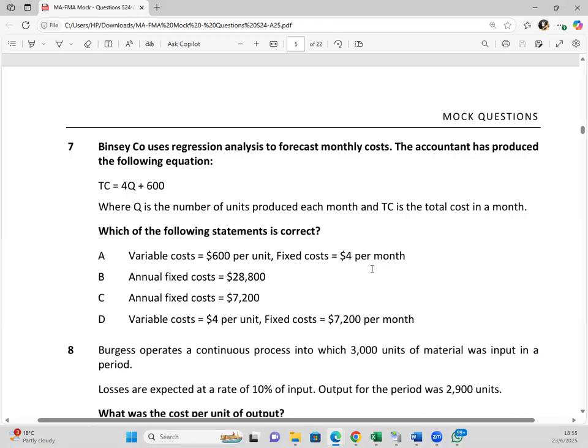So the 600 given, the question is saying monthly cost. So this one is 600 per month. The variable cost per unit does not change, even if it's per unit, per month, for a year. But the fixed costs are in total. If they are saying this is per month, it means for the 12 months, we need to multiply by 12.